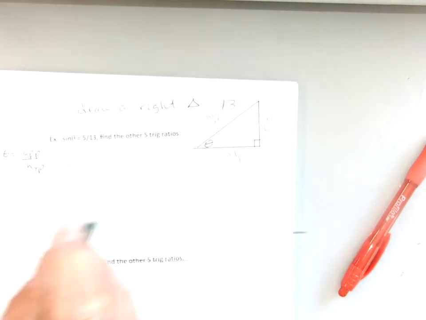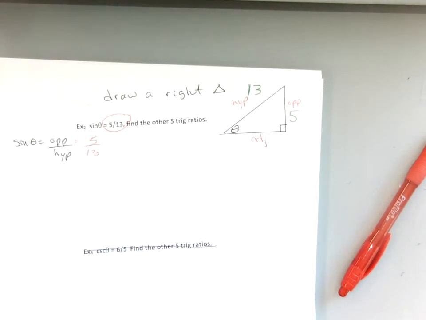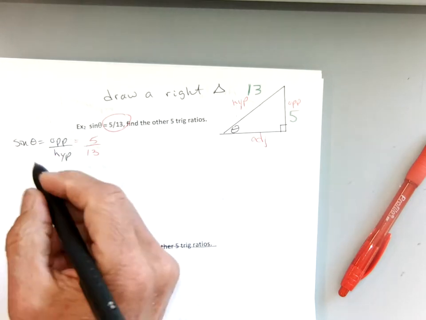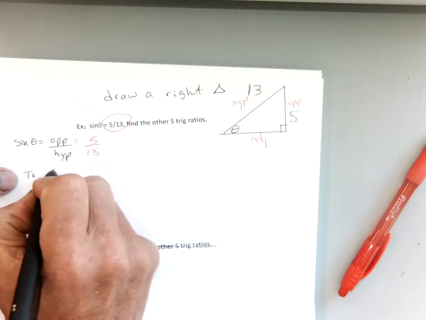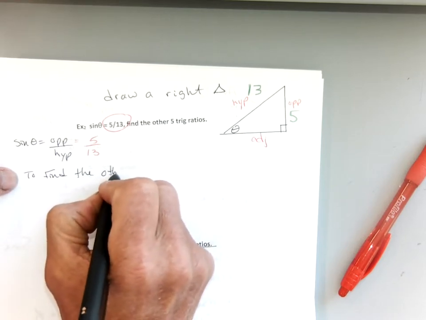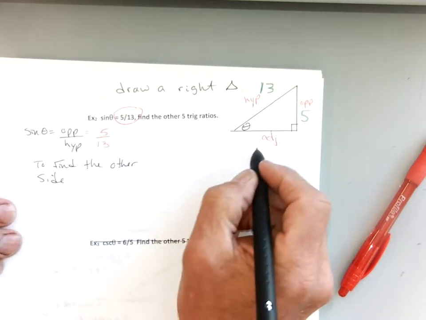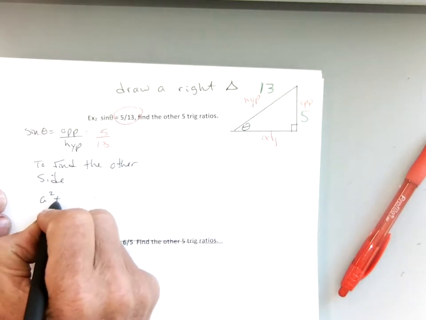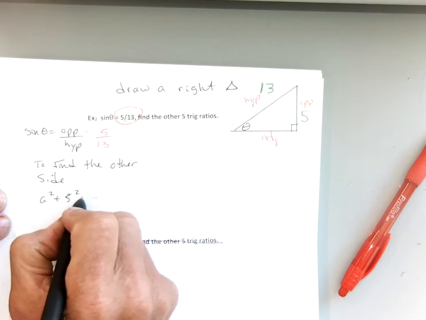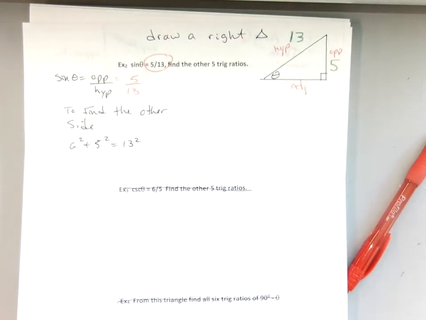What I don't know is the adjacent side, but you guys know Pythagorean's theorem, don't you? Everybody knows Pythagorean's theorem? So to find the other side, I'm going to go a squared plus b squared equals c squared. So a squared plus 5 squared equals 13 squared. You guys learned this in middle school, right? And this is easy.